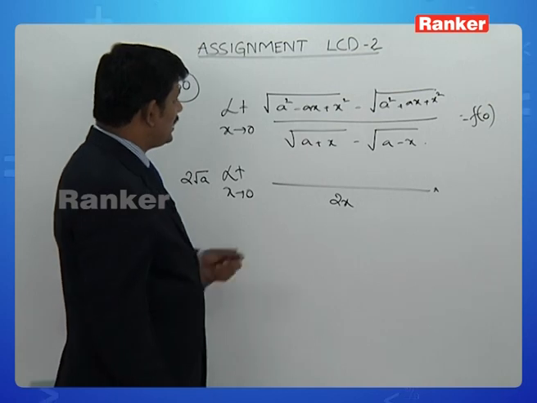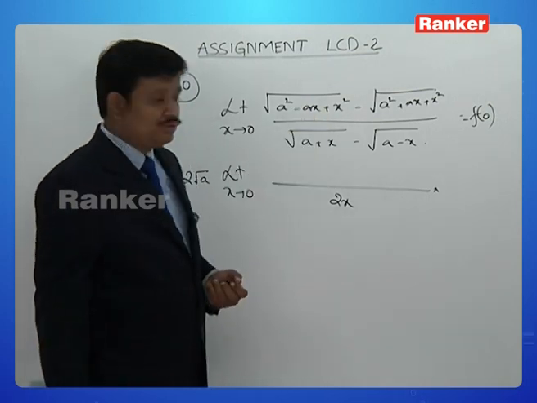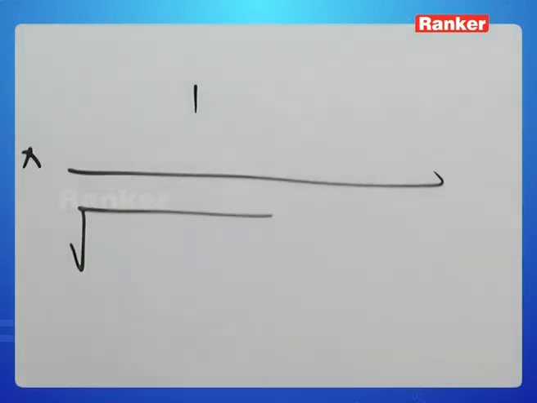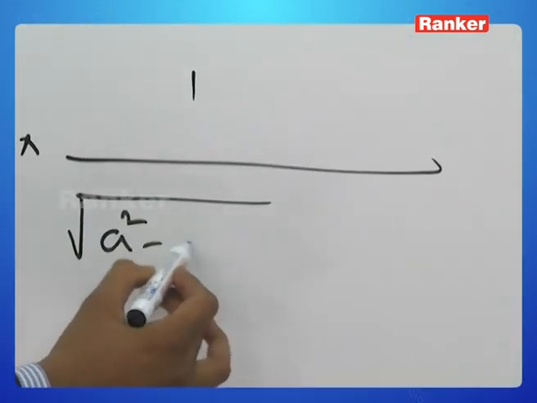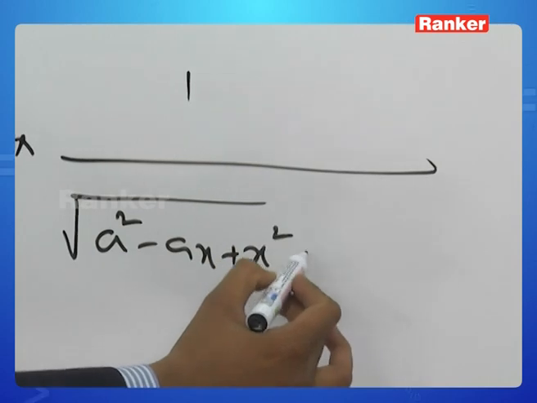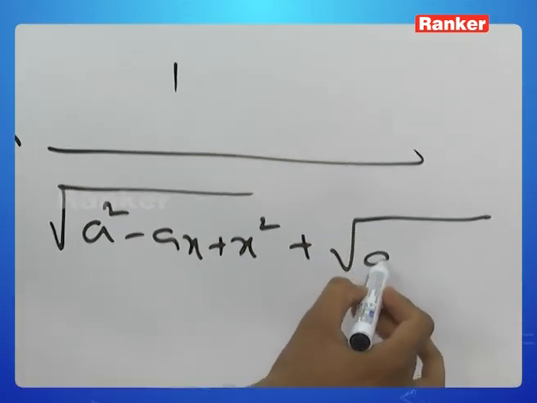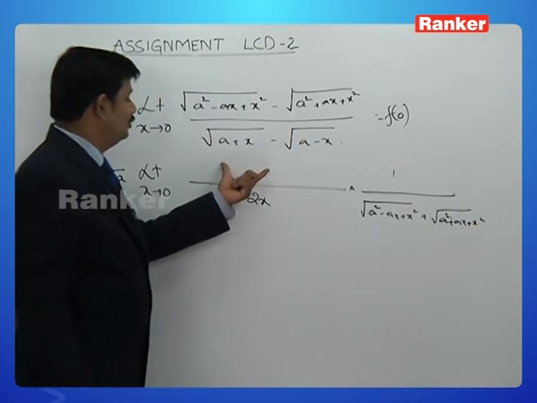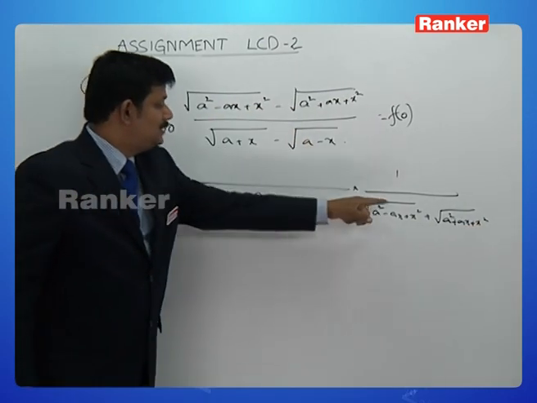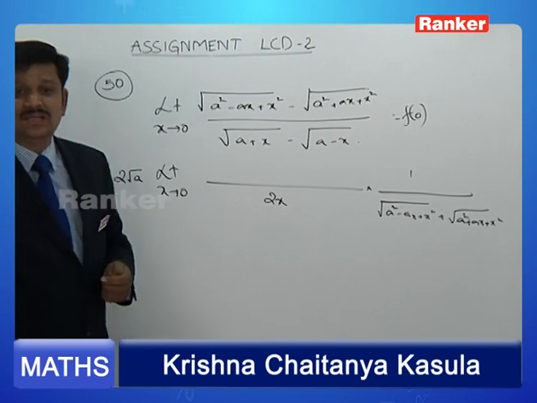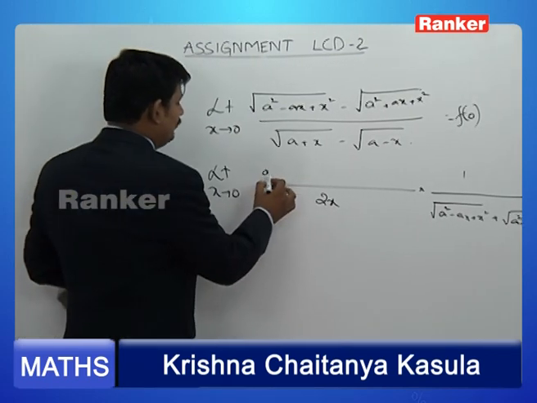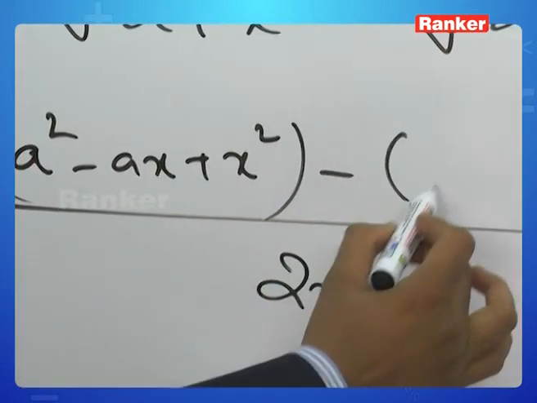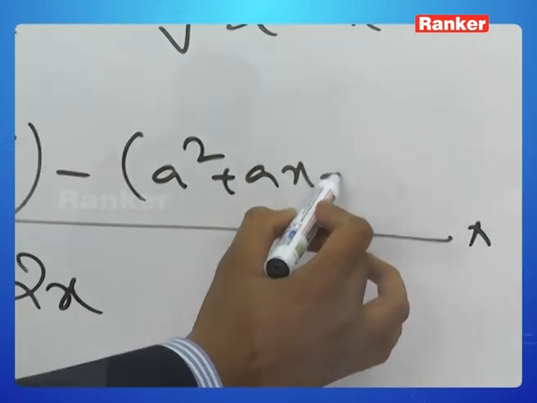Let us similarly rationalize the numerator. To rationalize the numerator, we multiply and divide by root over a square minus ax plus x square plus root over a square plus ax plus x square, and in the numerator it is of the form a minus b into a plus b, which is a square minus b square, which is a square minus ax plus x square minus a square plus ax plus x square.